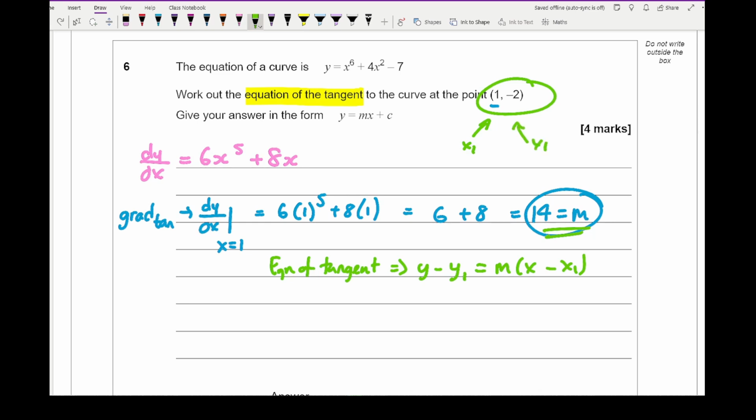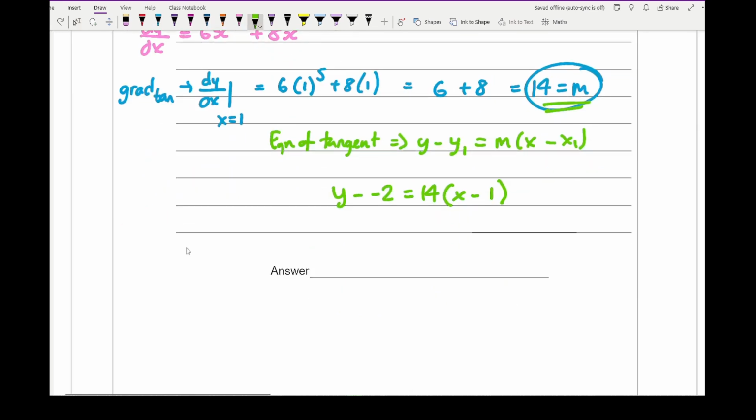So that then becomes y minus 2 equals 14 bracket x minus 1. Then expanding and simplifying, we get y plus 2 equals 14x minus 14. Take the 2 over to the other side, and we end up with the answer of y equals 14x minus 16.